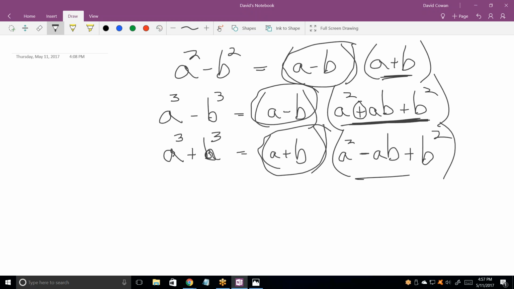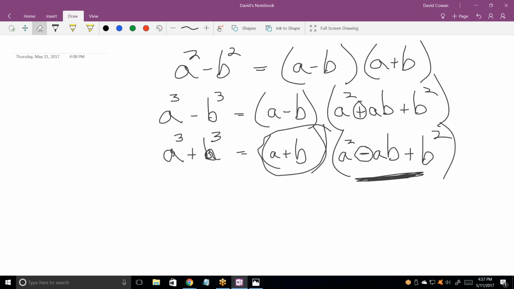And the third term is the same, only the middle term is the opposite sign of the first term. So memorizing these is actually relatively easy. These are not hard to memorize as long as you memorize them in a certain pattern.